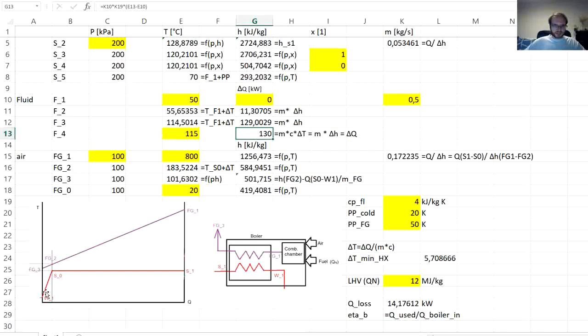It's the heat that the steam gives in our process, and it should be the same as, let's have it over here, the heat used from the flue gas, which should be basically the same as the mass flow rate of the flue gas multiplied by flue gas inlet minus flue gas outlet.